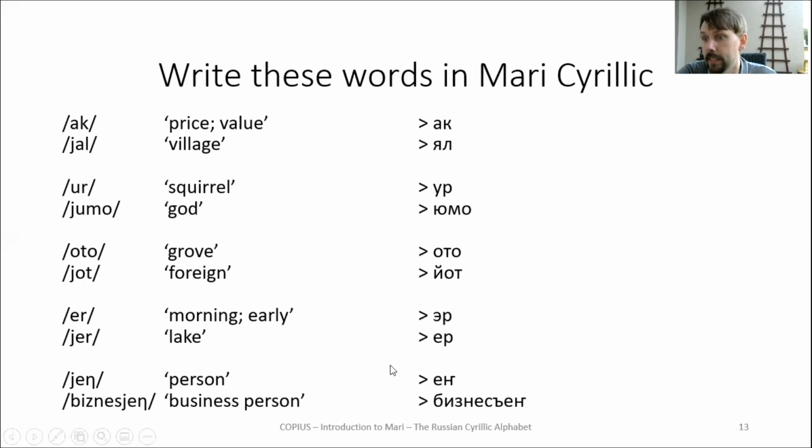You want it to be business yang. And so to indicate that you have this ya pronunciation after a consonant at a morpheme boundary in compounds, and I say at the morpheme boundary in compounds because otherwise it just doesn't happen, Mari phonotactics don't allow for this otherwise, you need to have the hard sign. And the same is the case for yu and ya.